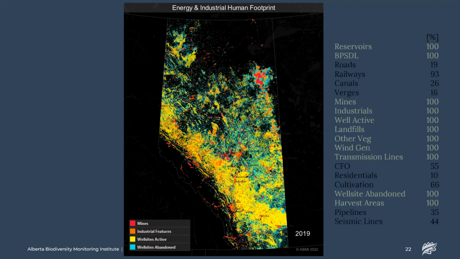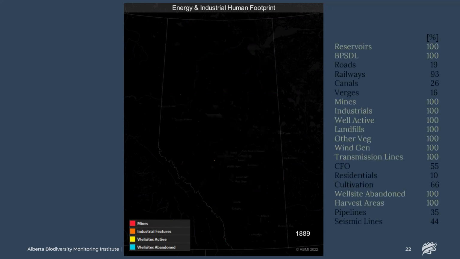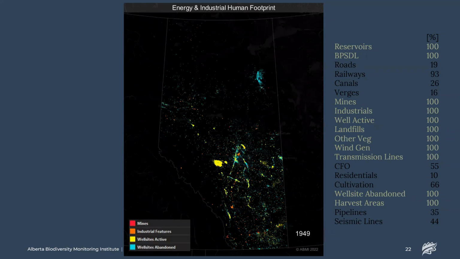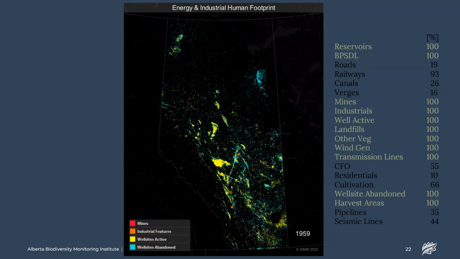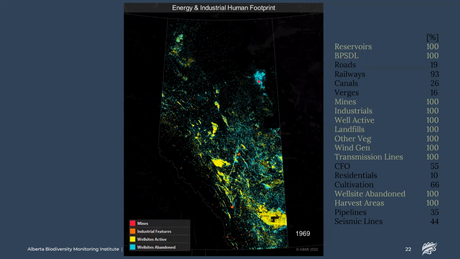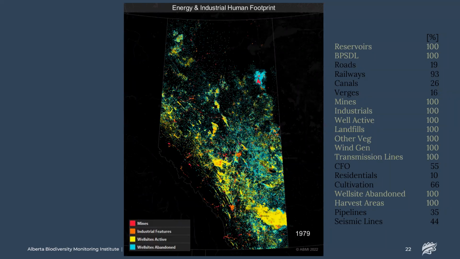Here, there is a list of all sublayers within our data set and percentage of completion. So there are 11 sublayers that already have year of origins assigned to all the polygons on the provincial scale. And we are getting there for the rest of the sublayers.